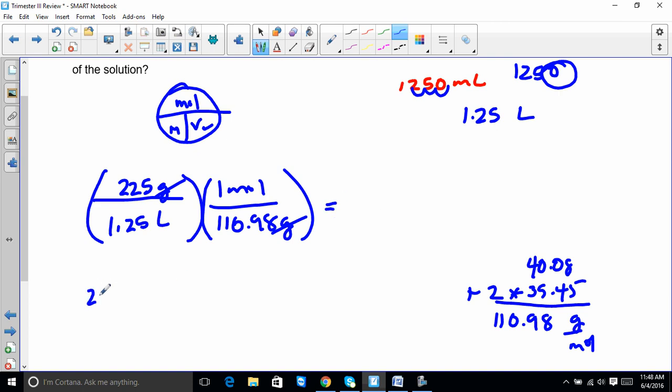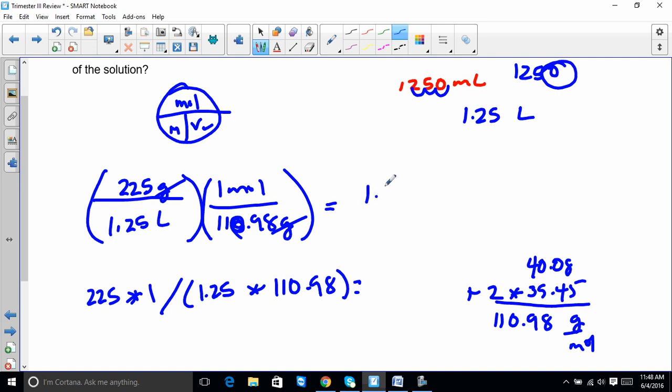On the calculator, 225 times 1 divided by parentheses 1.25 times 110.98. The calculator says that the answer is 1.62 moles per liter, or 1.62 capital M.